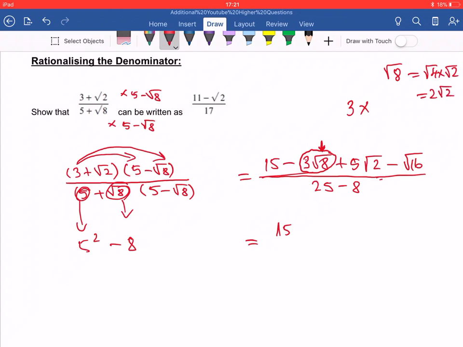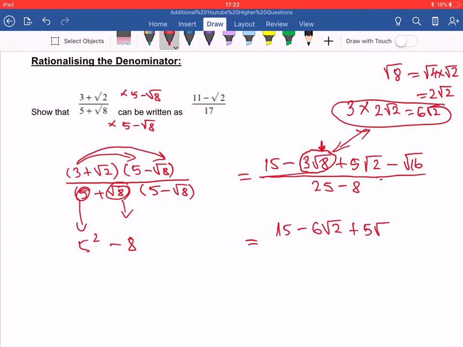So if I times my 3 by the root 8, which is now 2 root 2, I'm going to get a 6 root 2. So instead of saying 3 root 8, I'm going to say 6 root 2. And what do we notice about our surds now? We can collect them because they're like terms. So root 2, isn't it?